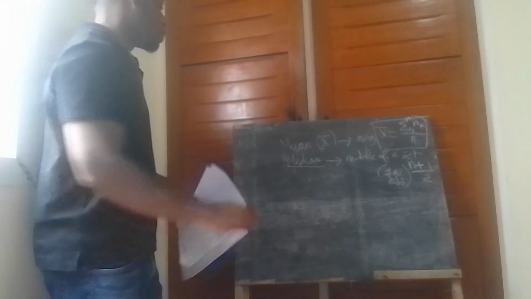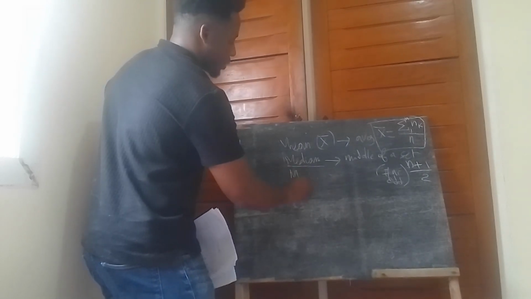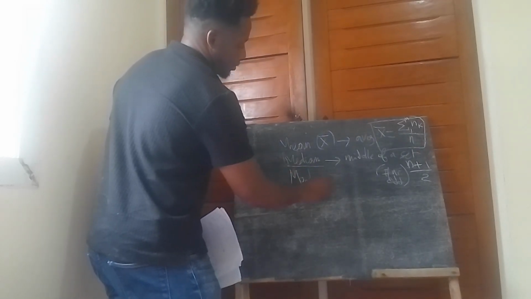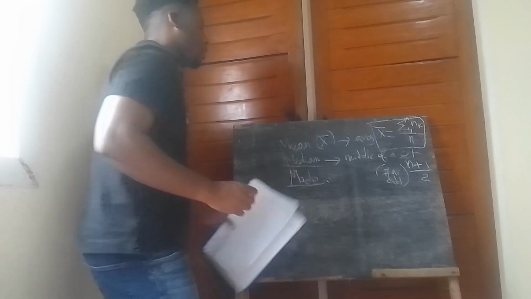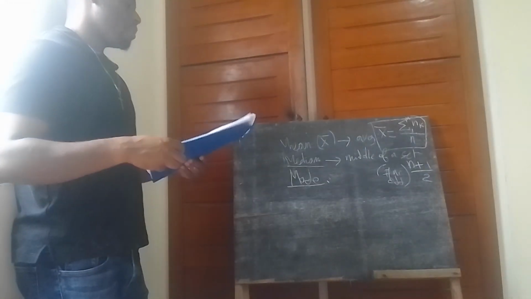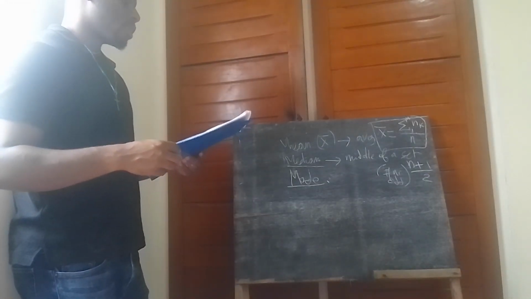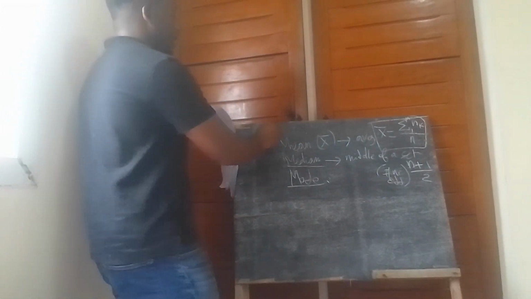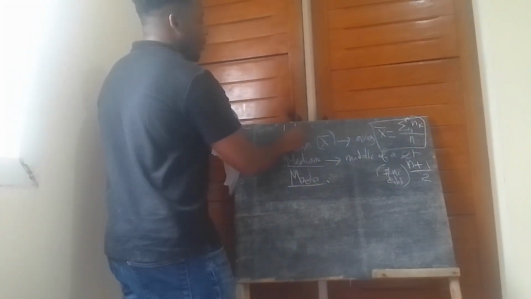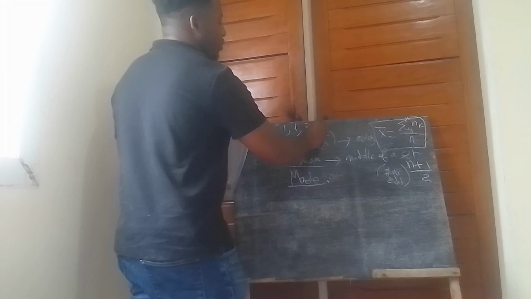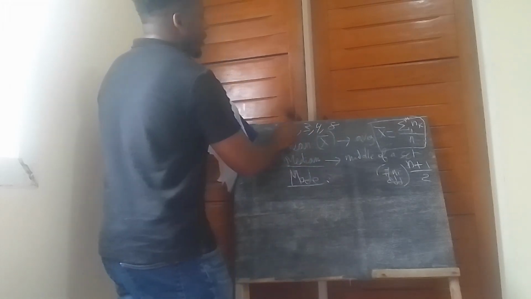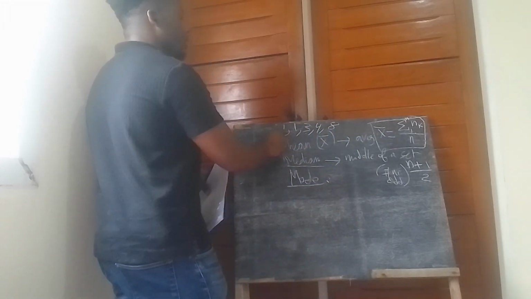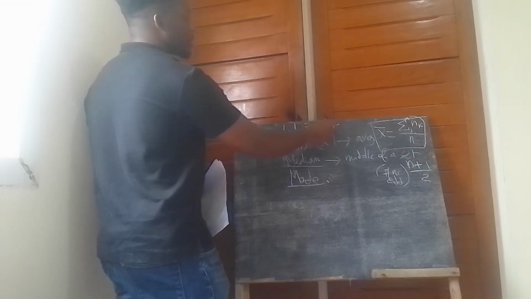Okay, so then the next thing is going to be the mode. What is a mode? Basically, the mode is the most commonly occurring value. So let's say we have the set 1, 1, 3, 4, and 8. Then the mode is 1, because 1 occurs 2 times and the others occur only once.